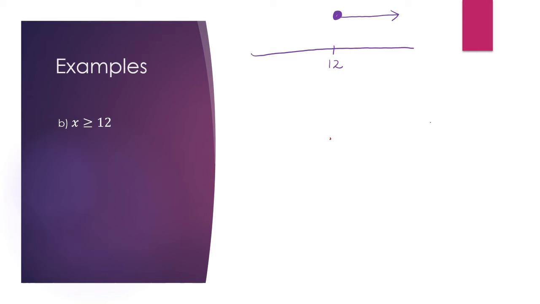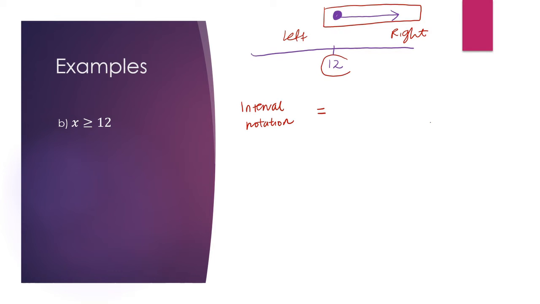As for interval notation, I need two numbers on the left and numbers on the right. So looking at my arrow, I need numbers on the left and right. So here I know that 12 is on the left, so I can write 12.